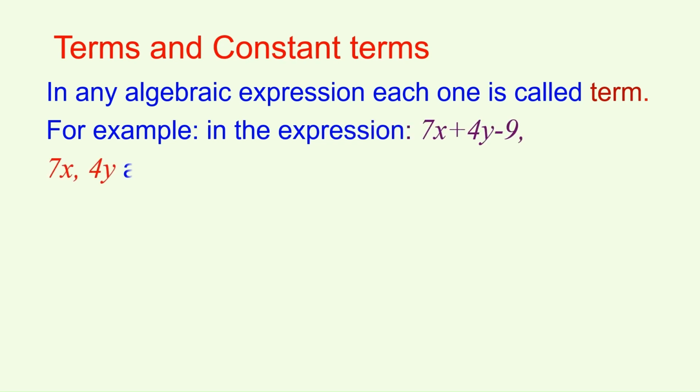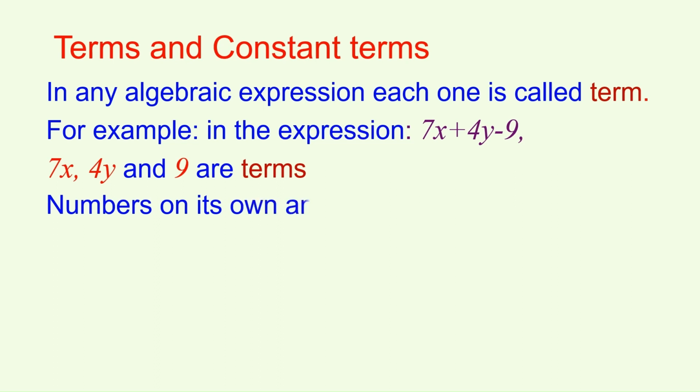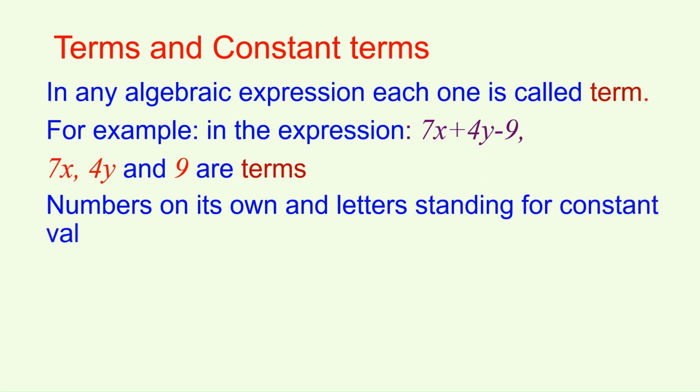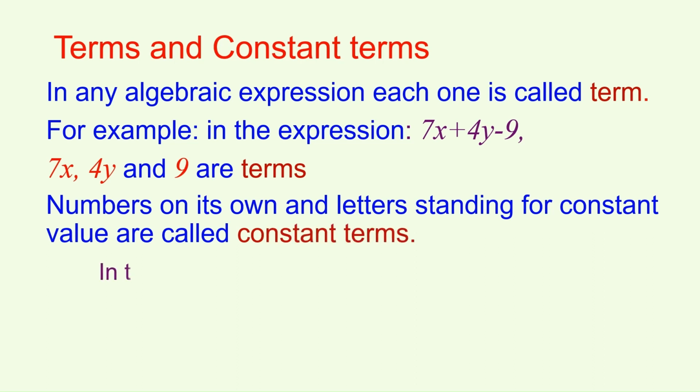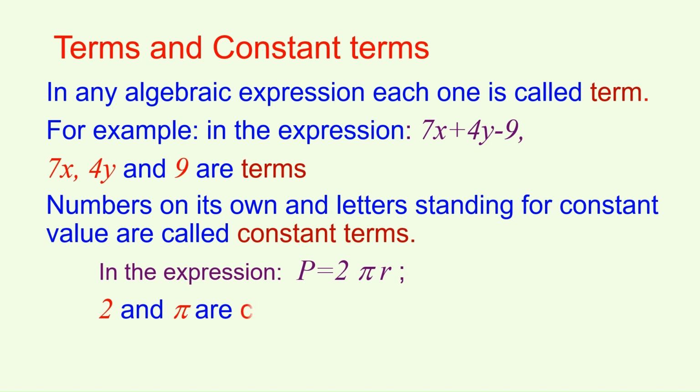For example, in the expression 7x plus 4y minus 9, 7x, 4y and 9 are terms. Numbers on their own and letters standing for constant values are called constant terms. In the expression for the circumference of the circle, P equals 2 pi r, 2 and pi are constant terms.